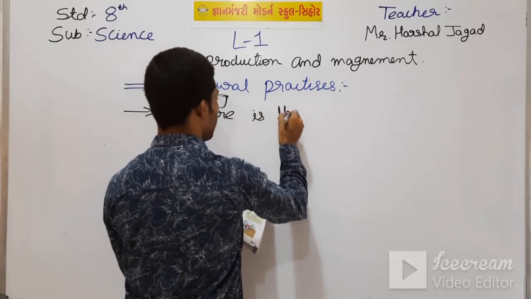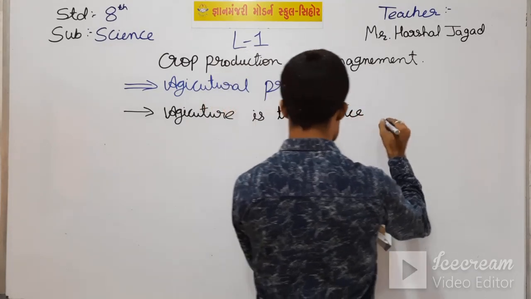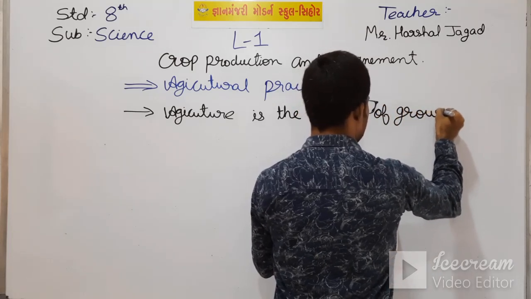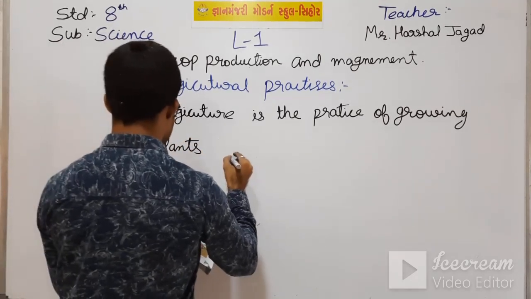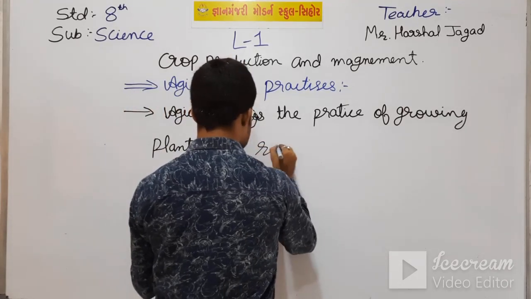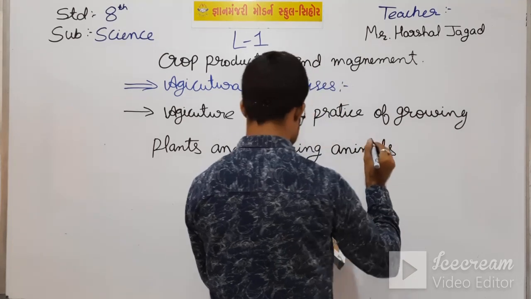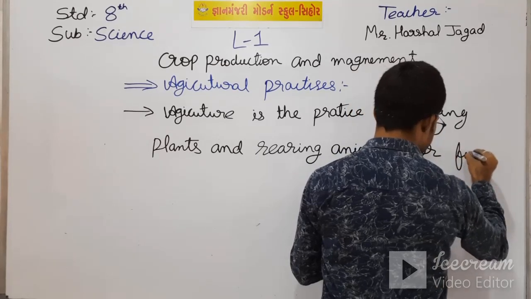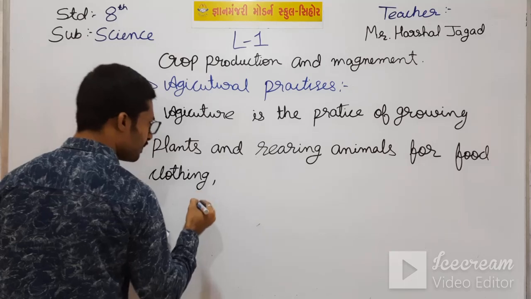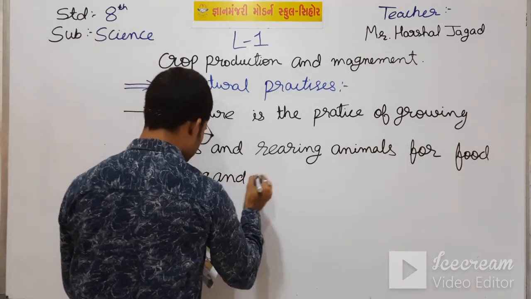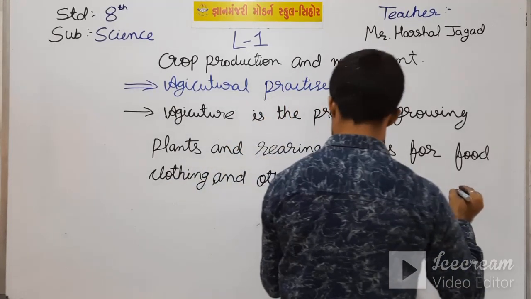Agriculture is the practice of growing plants and rearing animals for food, clothing, and other useful products.